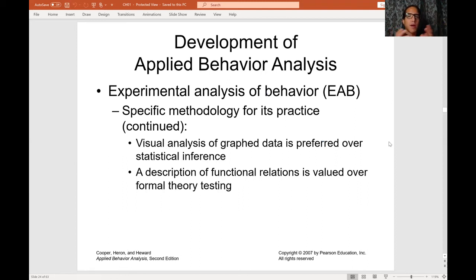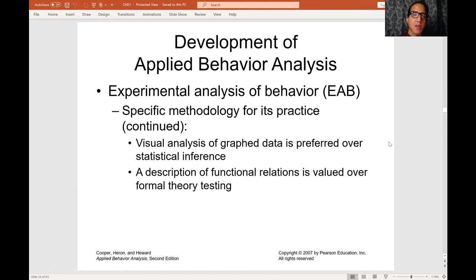There's so much more. But what I'm saying is, if you zoom in and just see the individual data, you might get a better, individual understanding, right? And so this is preferred in the experimental analysis of behavior.